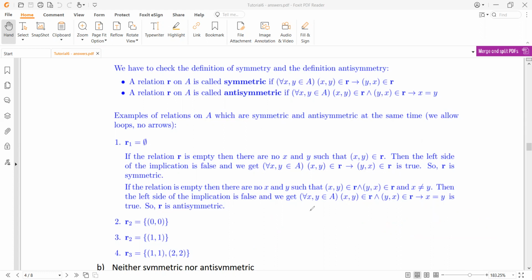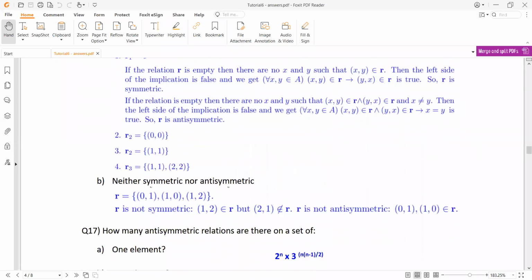And the anti-symmetric condition is that A comma B belongs to R and B comma A belongs to R implies A is equal to B. Also, you don't have this, so the condition for the implication doesn't exist, which is okay, which makes the implication always true.